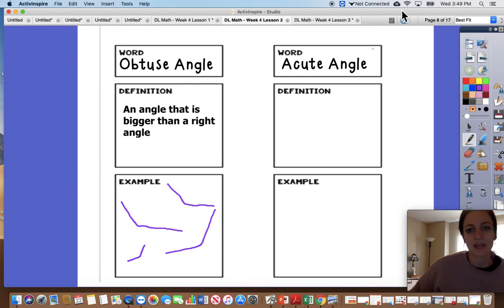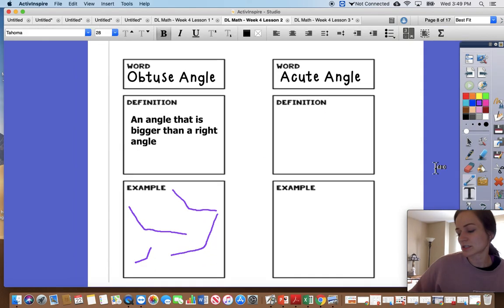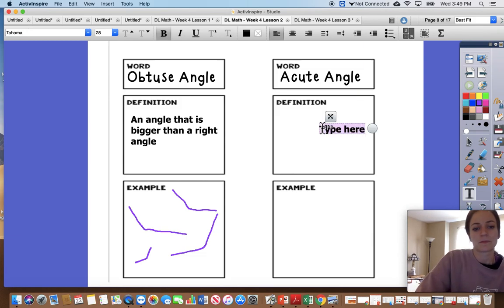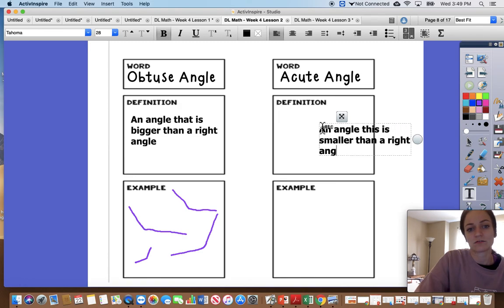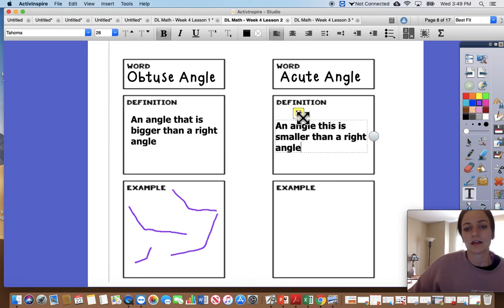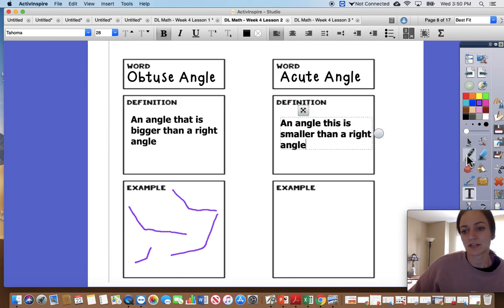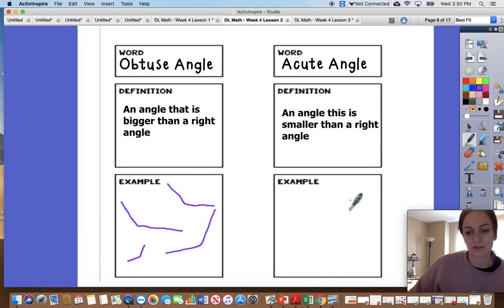Okay. Then I'm going to write a definition for acute. An angle that is smaller than a right angle. Okay. So then I can draw examples of an acute angle. Make really skinny ones, right?